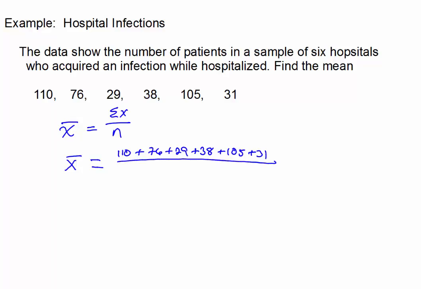And we want to divide that, and if we look here, we have 1, 2, 3, 4, 5, 6 different hospitals. So we're going to divide that by 6. And so when I do my calculation, I get 389 divided by 6. And so our mean is approximately 64.8.